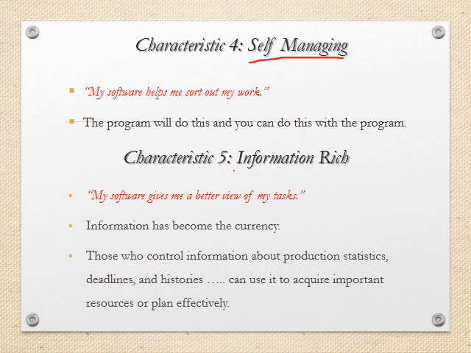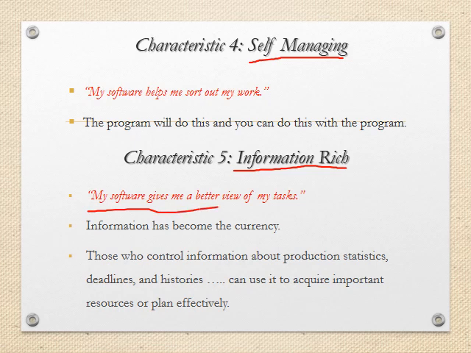Characteristic number 5, information rich. Default users feel information anxiety. Any new piece of information that they have to learn causes them information anxiety. But the task-oriented manual users feel information rich.